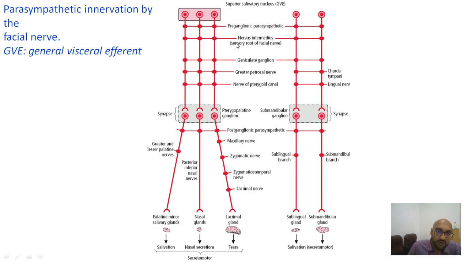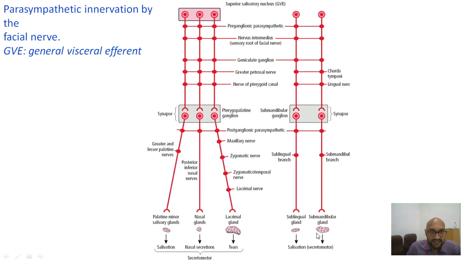So this is how the parasympathetic neurons found in the superior salivatory nucleus eventually supply the nasal glands, the palatine glands, the lacrimal gland, the sublingual gland and the submandibular gland.